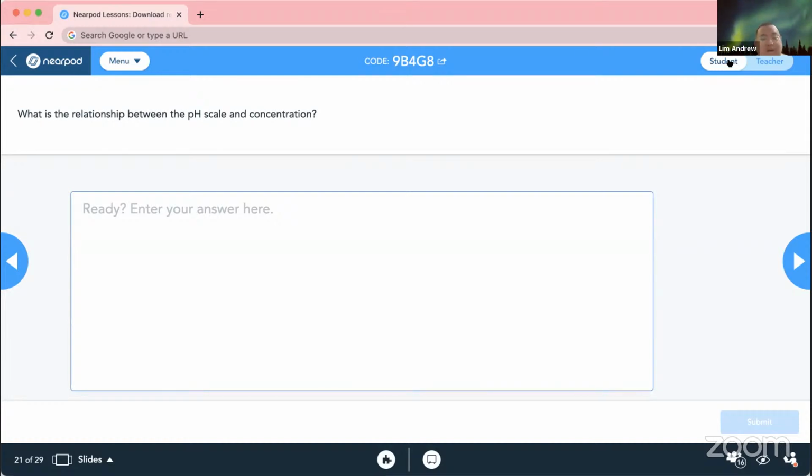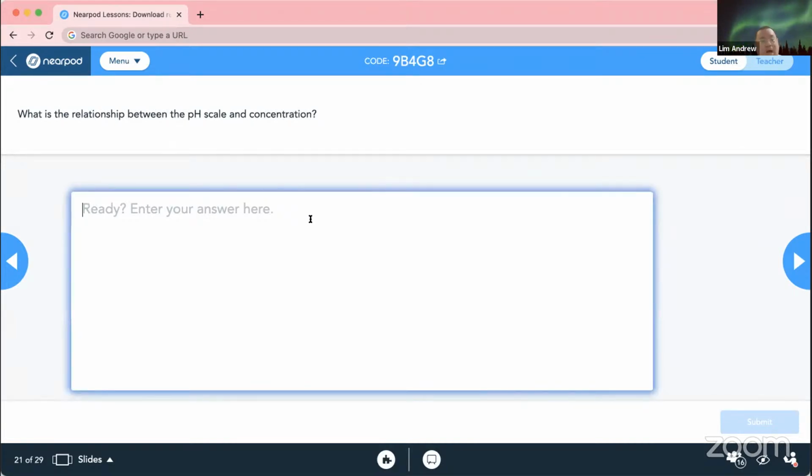So a lower pH value corresponds to a higher concentration of hydrogen ions, whereas a higher pH value corresponds to a lower hydrogen ion concentration. So to answer this question, we need to state the relationship between the pH scale and concentration.